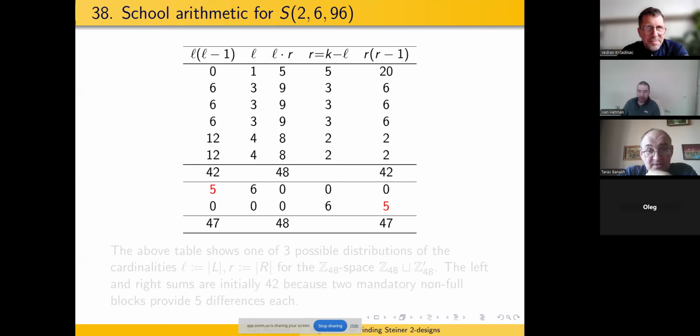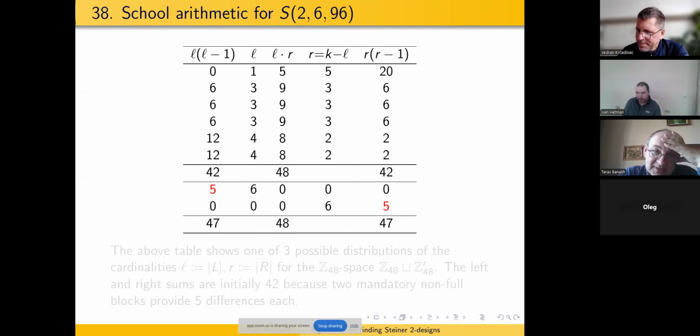I have in mind maybe there is some symmetry in your produced design, right? You have answers: what are the intersections of your blocks with the left and right orbit? And is there any symmetry in this data? So, for example, there are as many left intersections as right intersections, something like this.